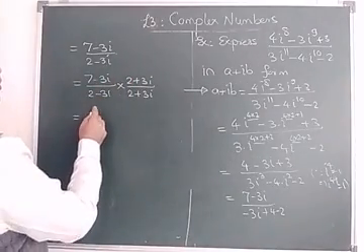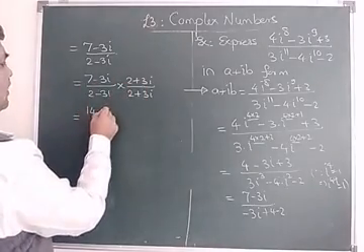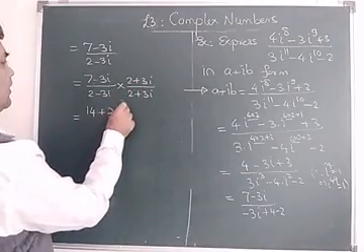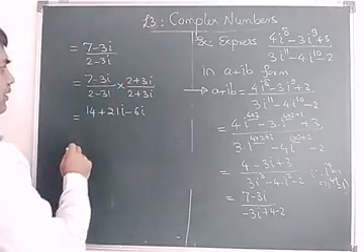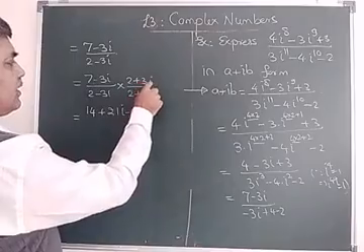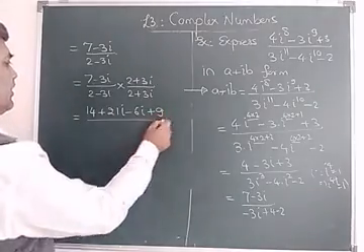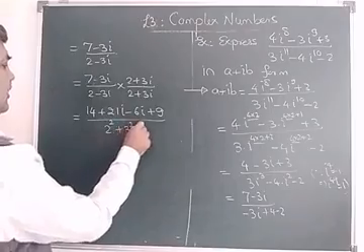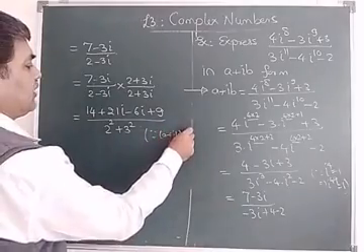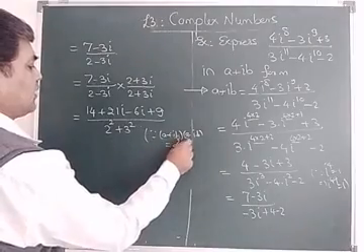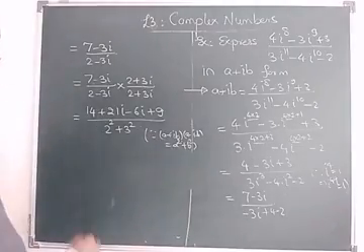So we'll take the product of the numerator: 7 into 2 is 14, plus 7 into 3, 21i, minus 6i minus 9i square. i square is minus 1, so we'll get plus 9, and here we'll get 2 square plus 3 square, since a plus ib into a minus ib is equal to a square plus b square. z into z bar is mod z square, so I am using that property here.